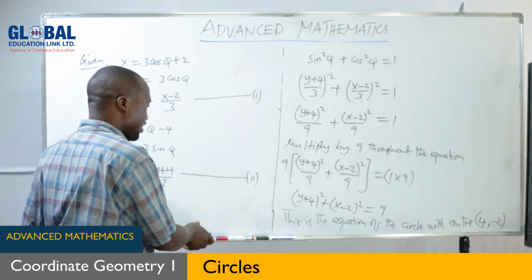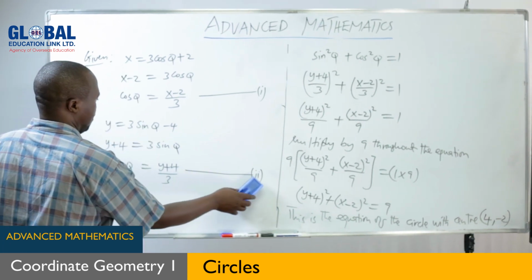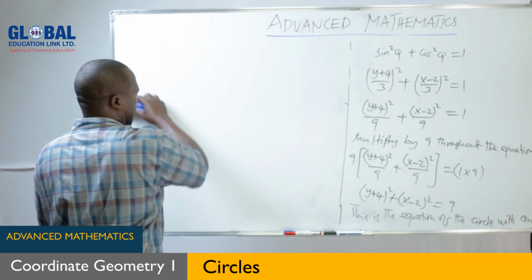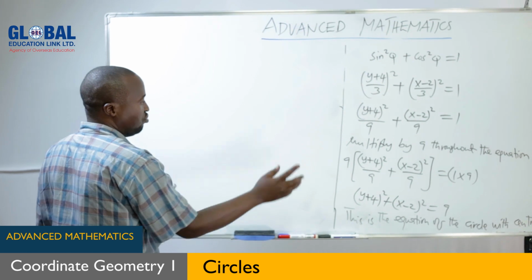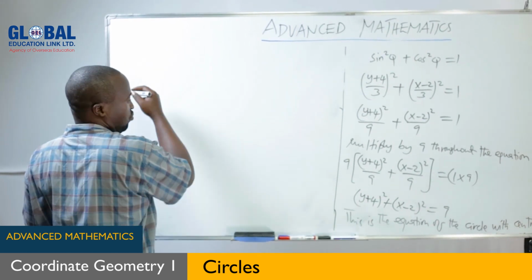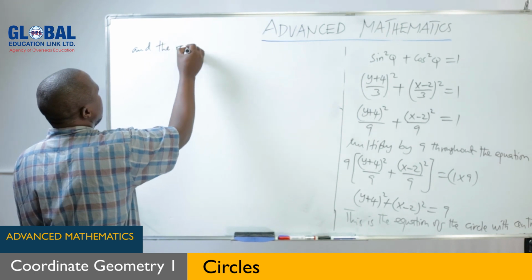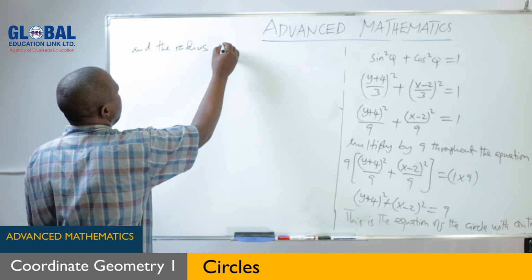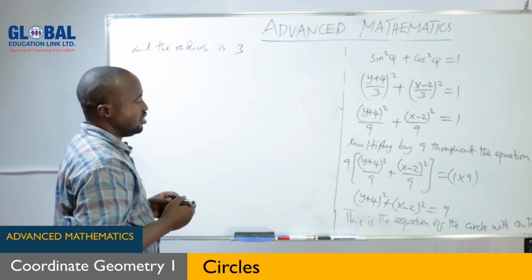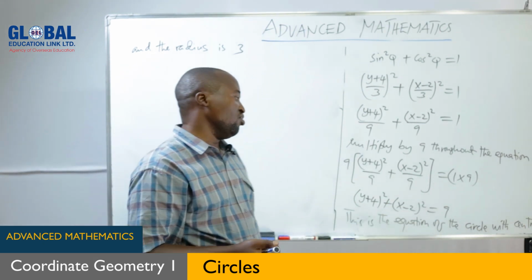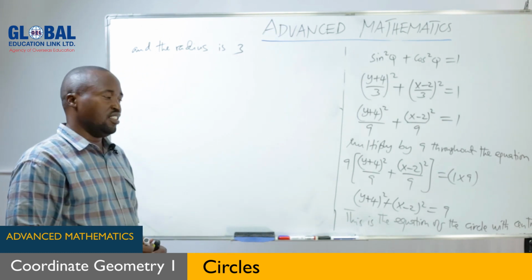But again, the radius of our circle will be equal to 3, because here we have 9, and remember this is r squared, so r will be equal to 3.